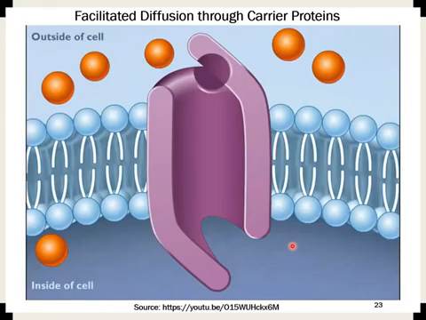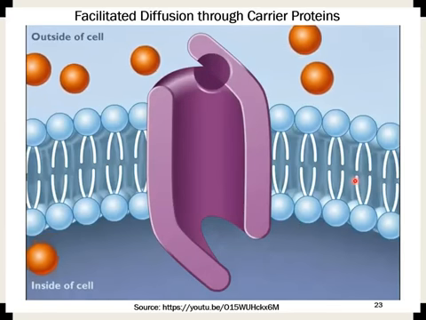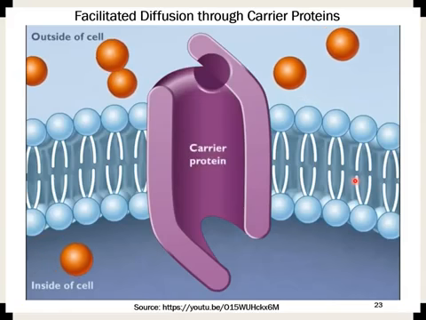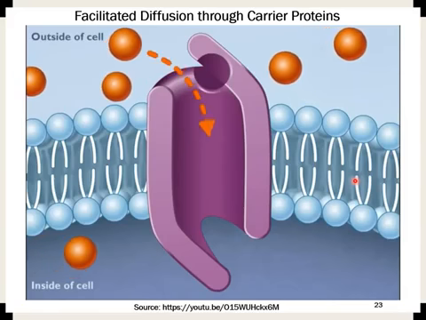So now for facilitated diffusion, I have another animation for you, which will just clarify your concept about facilitated diffusion. In the process known as facilitated diffusion, a special carrier protein with a central channel acts as a selective corridor which helps molecules move across the membrane.